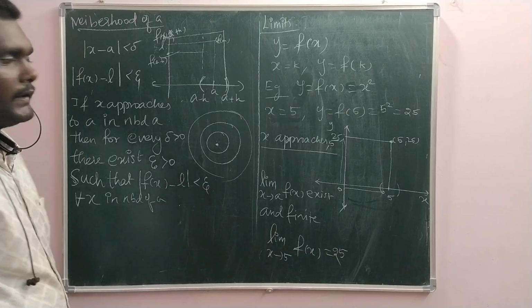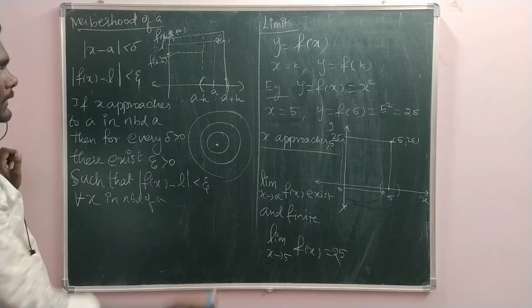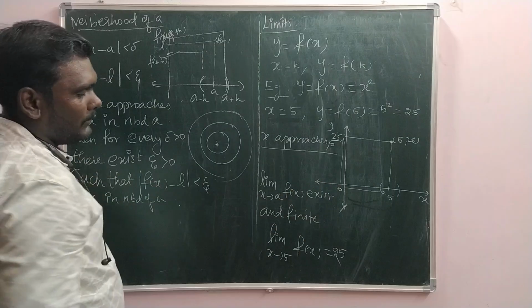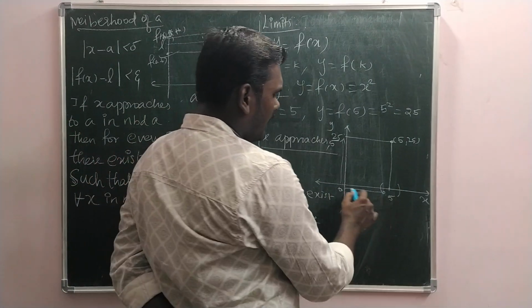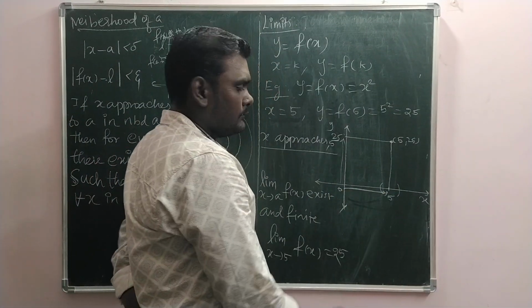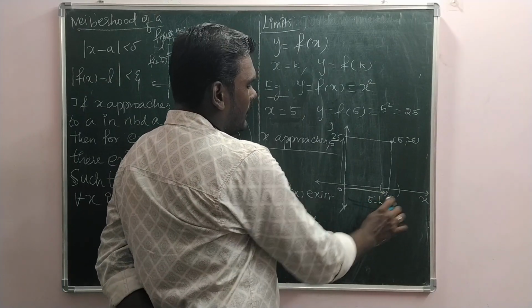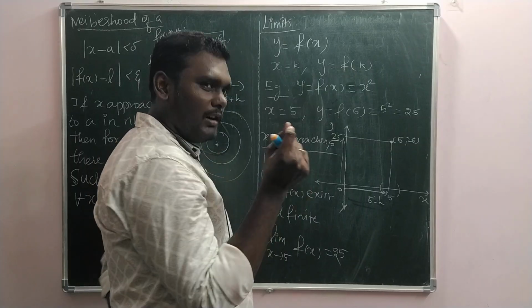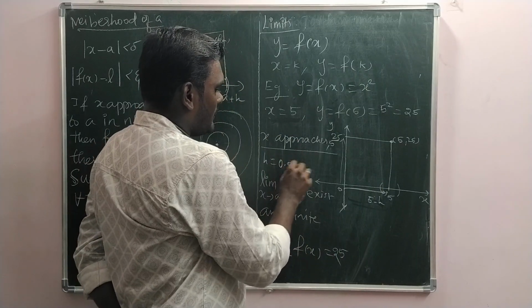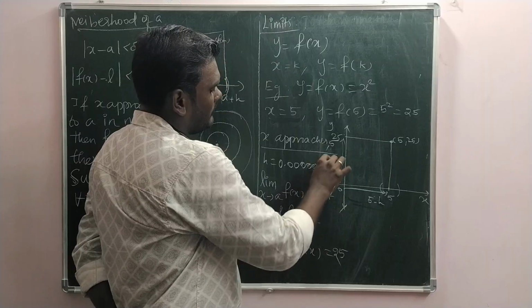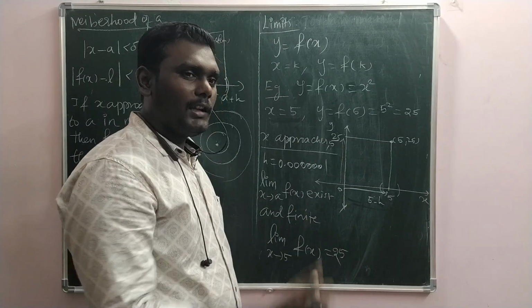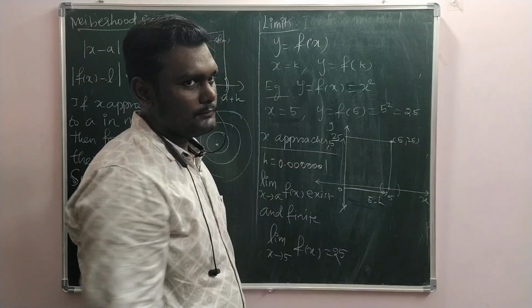This might sound confusing. Okay, see, we'll take this example itself. Here x is approaching 5, I said. This a minus h means here 5 minus h, like we call it. h is what? A very small distance, like 0.000, some 1000 zeros 1. If you say that is near, it is more near than that.